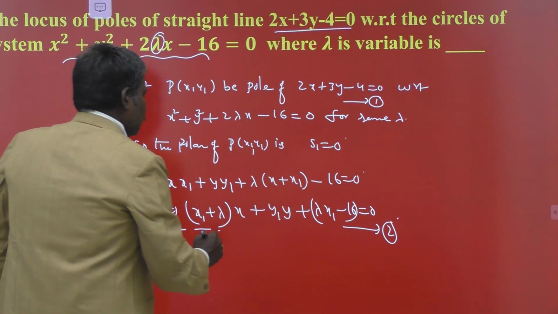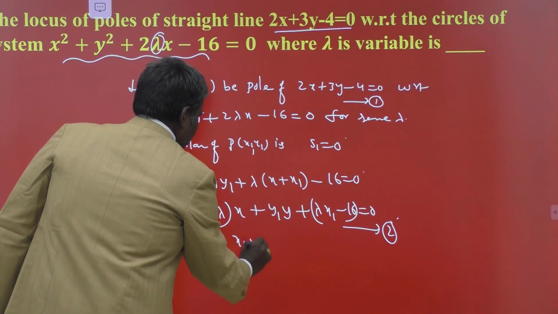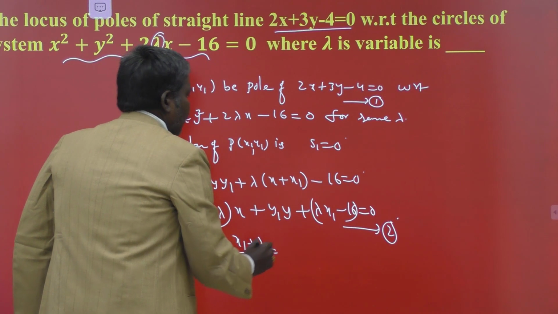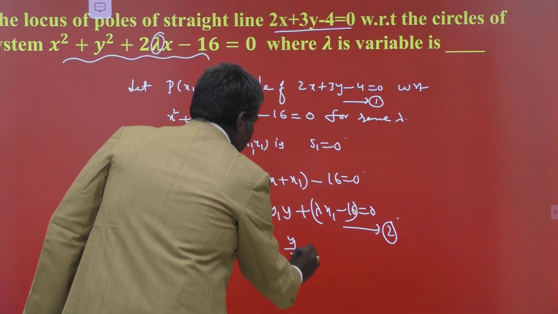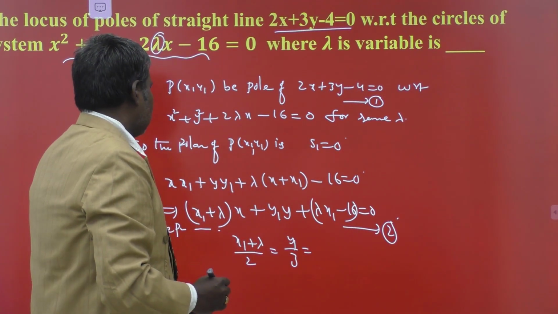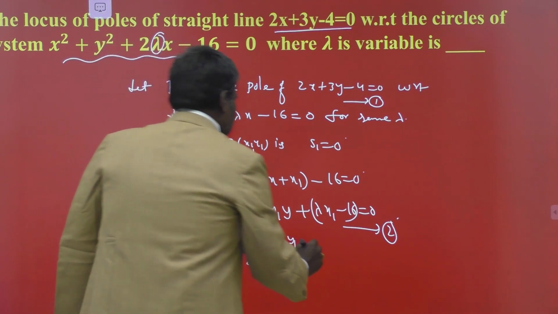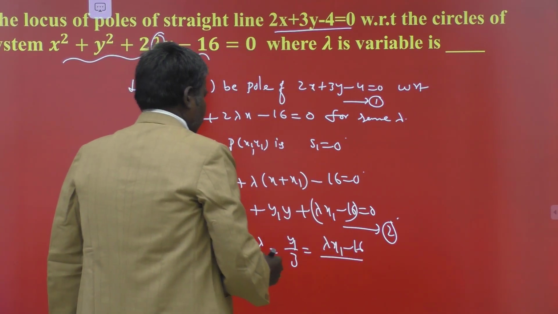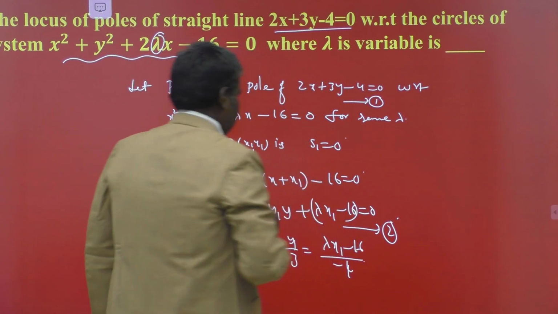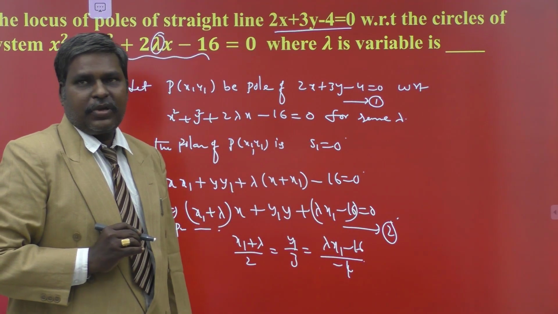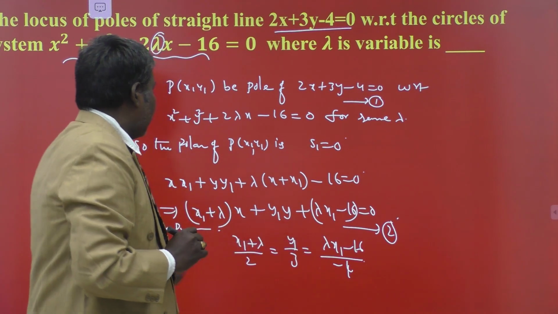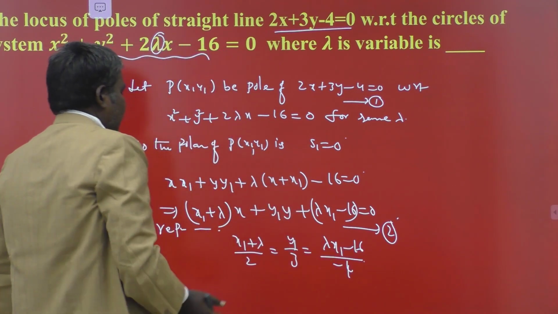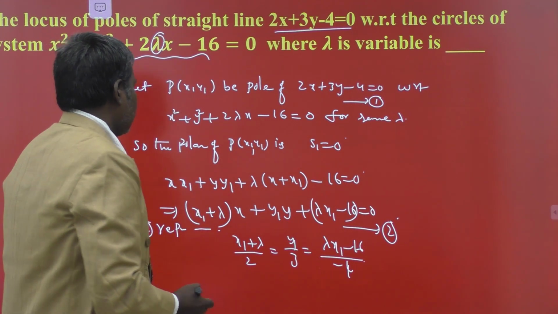Comparing like coefficients, we get (x1 plus lambda) by 2 is equal to y1 by 3 is equal to (lambda x1 minus 16) by minus 4. Now, by equating these three values, we eliminate lambda, we obtain the required locus.